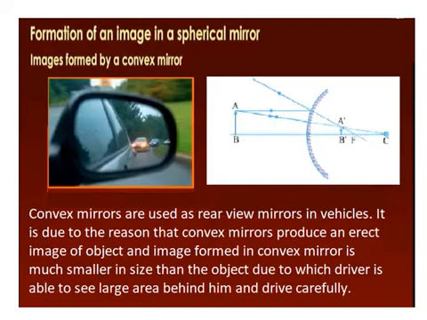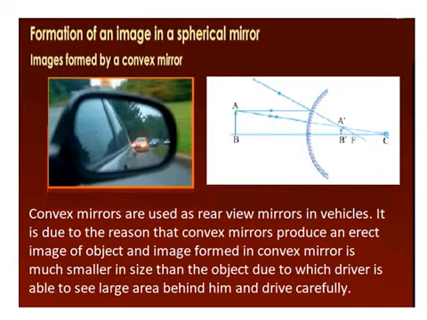Now first let us take up the rear view mirror of the cars. We find rear view mirrors wherever we have a vehicle. For example, motorbikes, scooters or cars are fitted with a mirror which is called a rear view mirror.